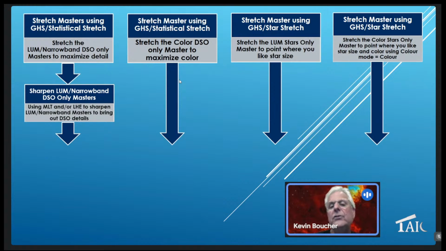And there's no real reason to sharpen the color DSO only master, because your luminance and your narrowband stuff is really the framework for the detail in your picture. Personally, I like to use LHE for bringing out some of the larger structures, and MLT for bringing out some of the smaller features in the image. And it's really easy to do when you don't have the stars in the picture and you're not worrying about masking or any of that stuff.